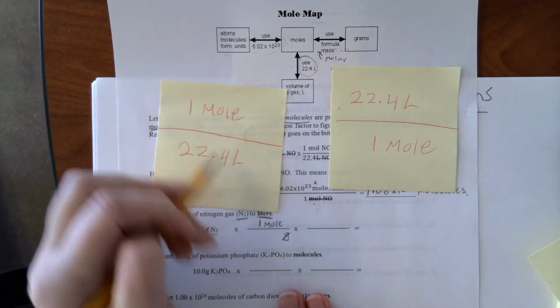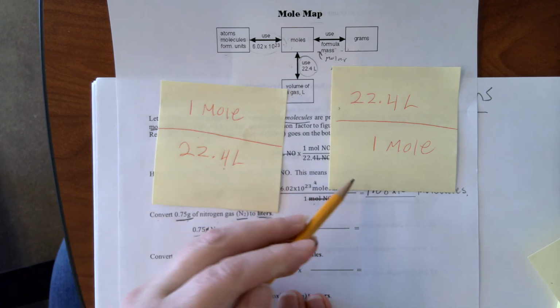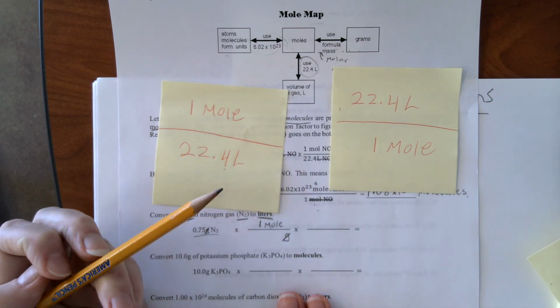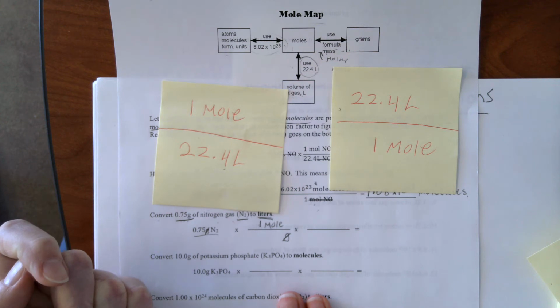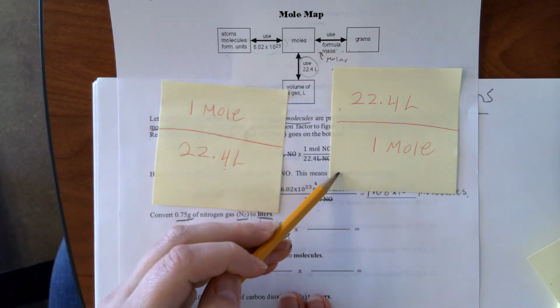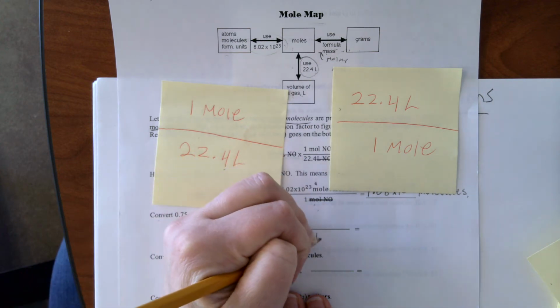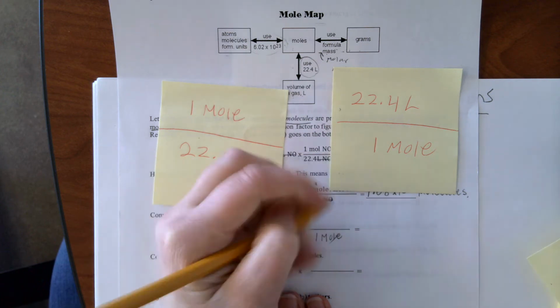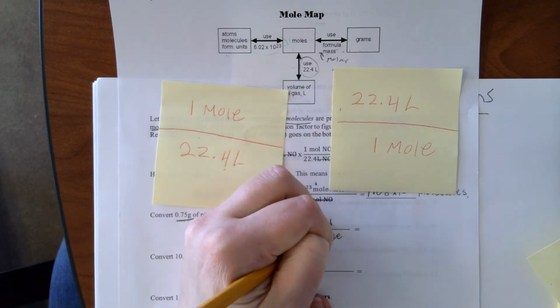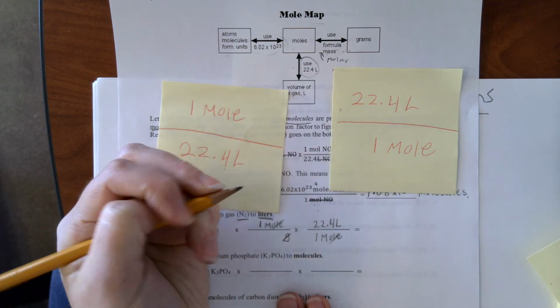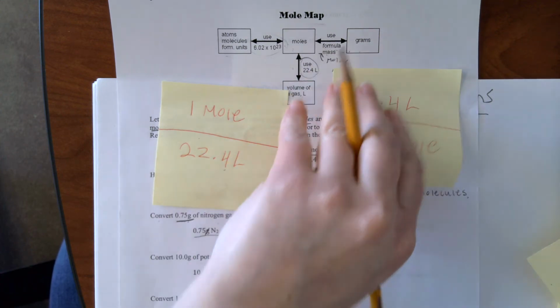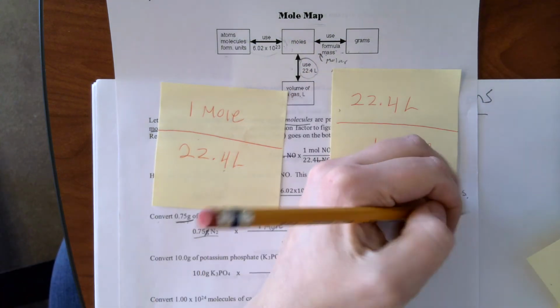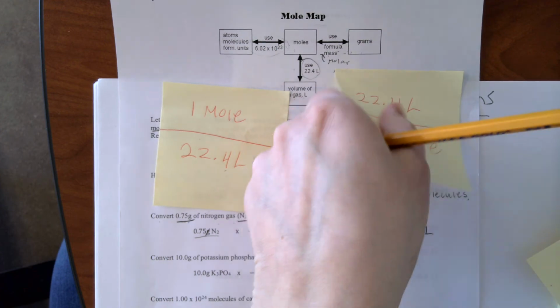So in order to get rid of moles, which one do we use? Yep, that's right. We use this one because we want to have 1 mole on the bottom to get rid of it. And then we'll have 22.4 liters on the top, sorry. And that will go to the end as your answer in liters.